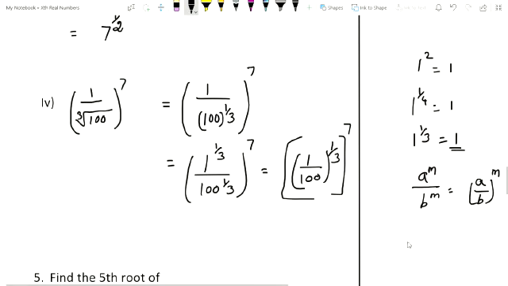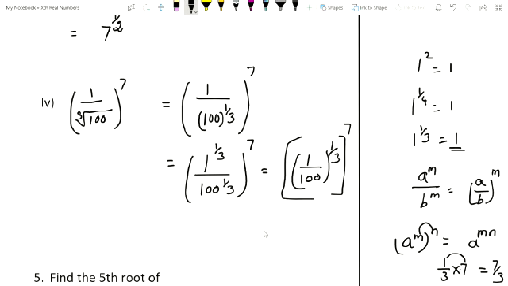I already told you, a power m whole power n, what you will do, children? We have to multiply the powers. So a power mn. Here also 1 by 3 into 7. What will you get, children? 7 ones are 7 by 3. How can you write this? 1 by 100 whole power 7 by 3. This is the fractional index form. Do you understand, children? Shall I move on to the next question?